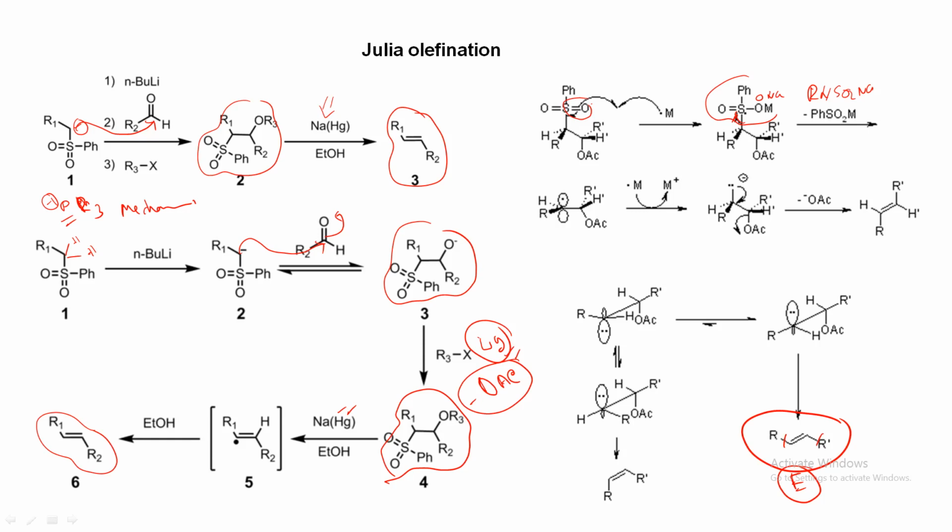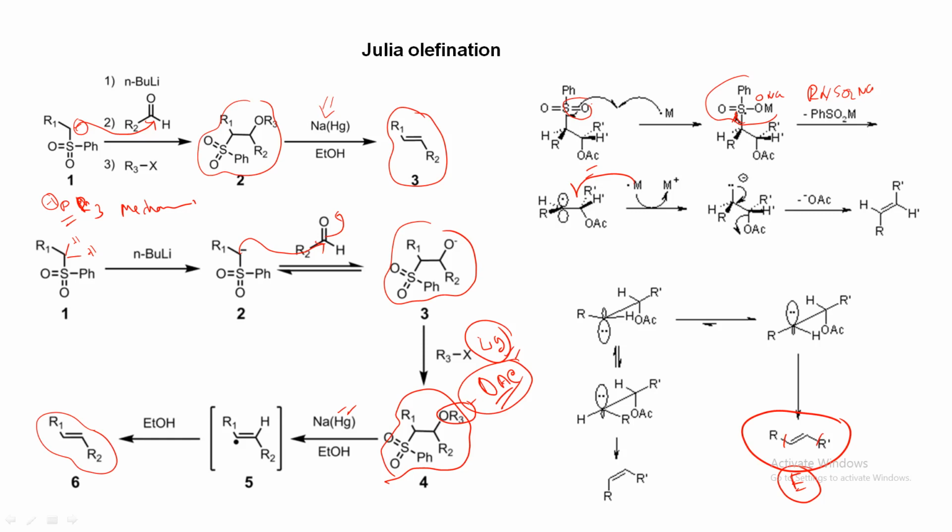Here you can see the one radical, and here the other group. As I already said, OR3 is a good leaving group like OAc, so here it is written as OAc. Now the metal is present, so one more electron can be given here, making it negative, and then this negative can easily remove the OAc group and make this double bond.